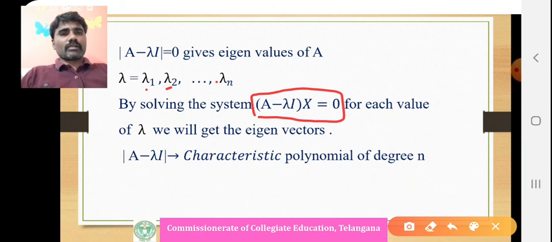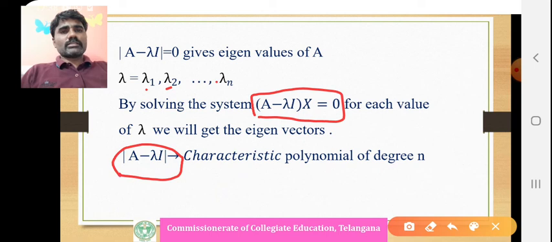For each value of lambda we will get an eigenvector, and this polynomial, determinant of A minus lambda I, is known as the characteristic polynomial. If A is of order n, then the degree of the polynomial is n.